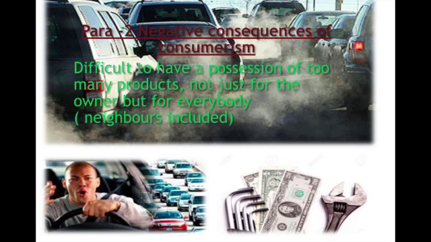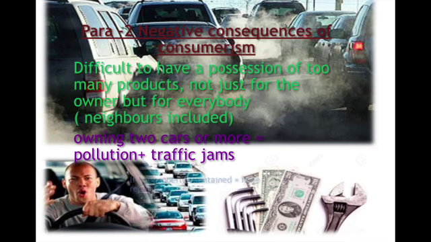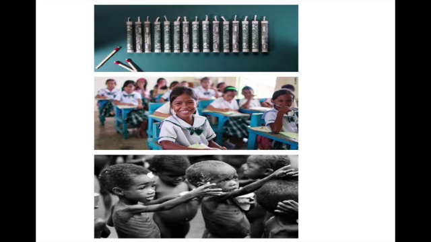So it creates a problem not only for the owner but also for everybody, neighbors included. And then we continue talking about the problems we just mentioned, which are pollution and also traffic jams. And then finally we say if it is not properly maintained, it creates huge repair expenses, which is also causing trouble for many people. And by concluding that sentence, we go to the next paragraph, which is about finding solutions and also comparing positive and negative sides and making some suggestions.